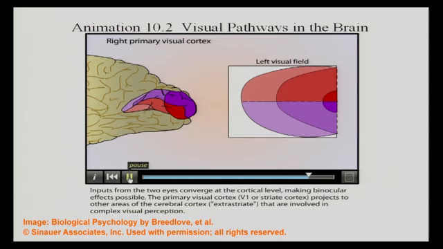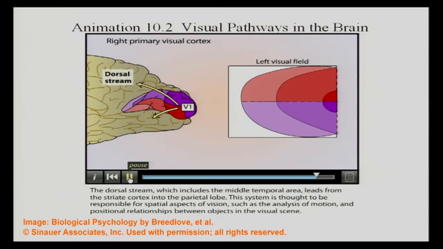The primary visual cortex, V1 or striate cortex, projects to other areas of the cerebral cortex, referred to as extrastriate, that are involved in complex visual perception. The dorsal stream, which includes the middle temporal area, leads from striate cortex into the parietal lobe.